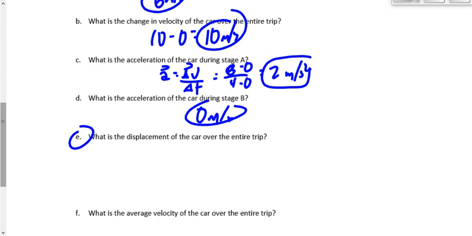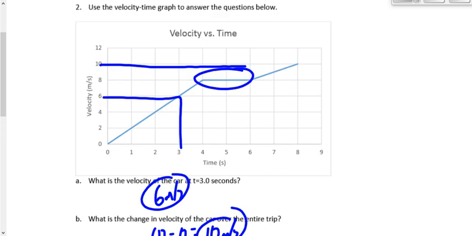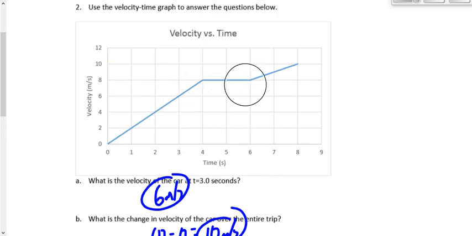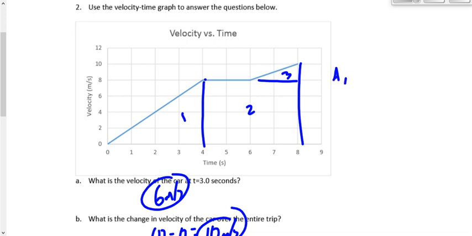Let's find the area here. We're going to break this up into a few sections. There's a couple different ways of doing this, but the way that I did it was I broke it up into 3 sections: area 1, area 2, and area 3. Some people broke it into 4. Doesn't matter. Area 1 is 1/2 base times height. The base is 4. The height is 8. That gives me 16 meters.